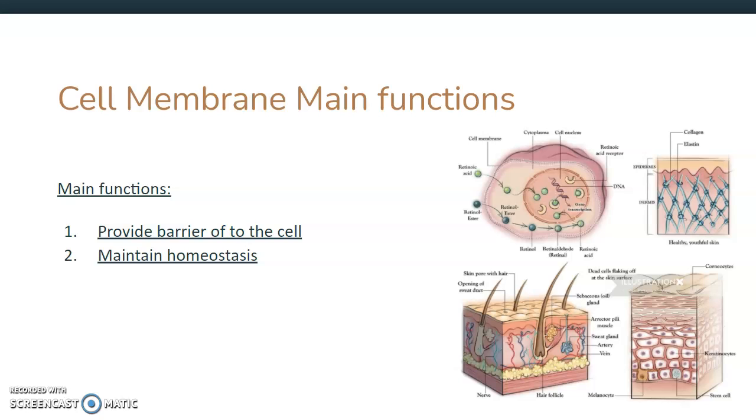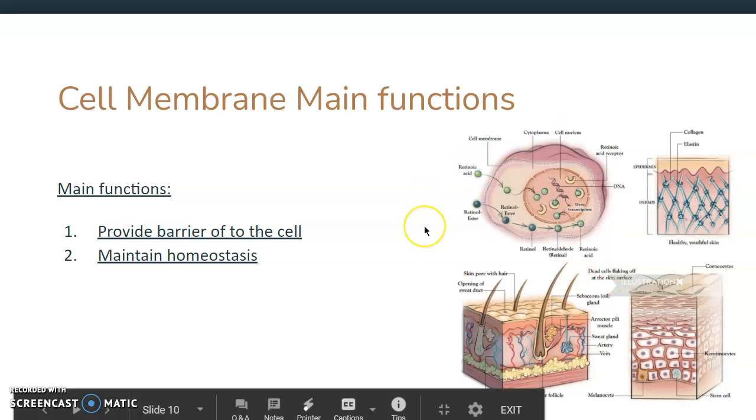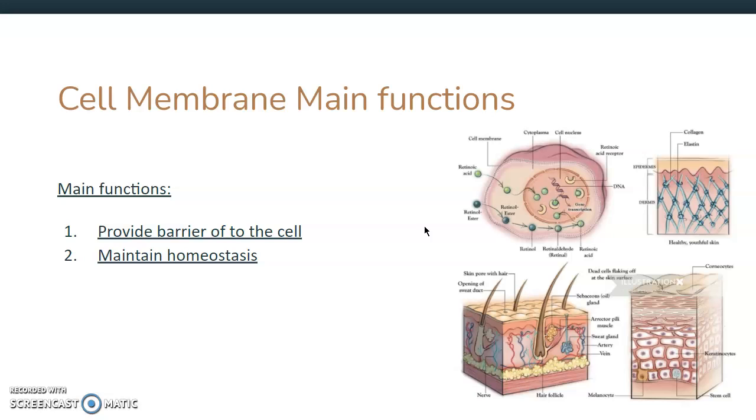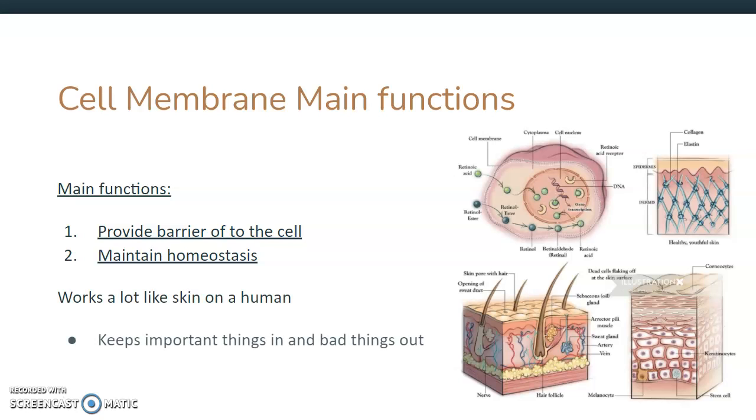So our cell membrane helps control all of that. It helps make sure we have the right amount of nutrients inside the cell and keeps certain things outside. I like to think of this a lot like how our human skin works, because it keeps the important things in and the bad things out.